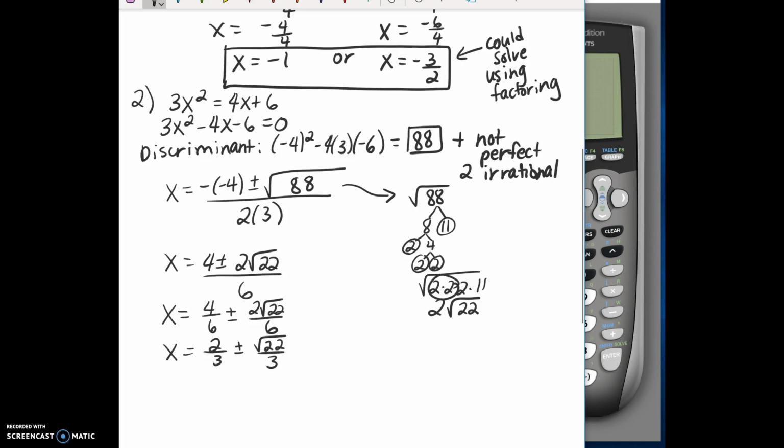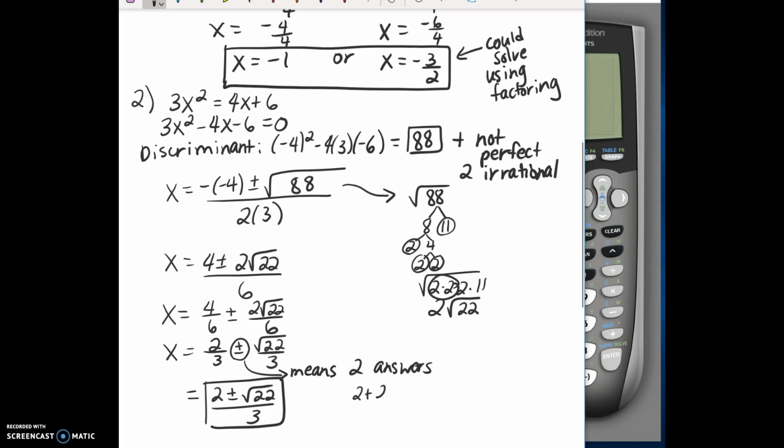You can keep it just like this. Plus or minus does mean the two answers that we were looking for. A lot of times, because you'll simplify it and keep everything together in one big fraction, you might leave it like this. Or another option is to split it into two separate fractions.